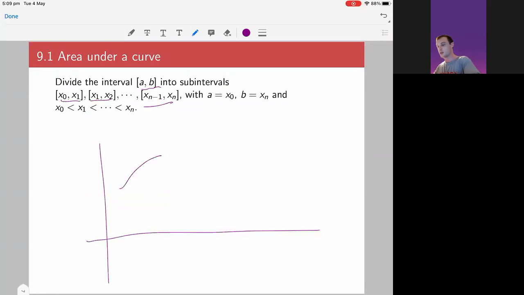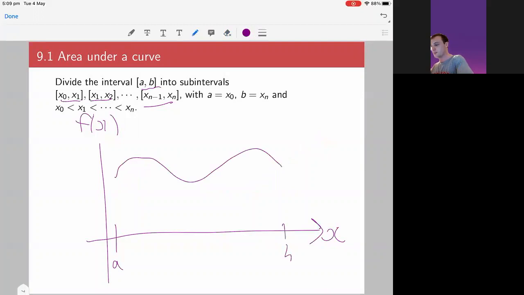So if we take our function f of x from before, we said we're starting at A and let's say we end at B. What we're going to do is just pick some numbers in between A and B. Let's pick that, and that. I'm going to call these x0, x1, x2, x3, x4, and x5.